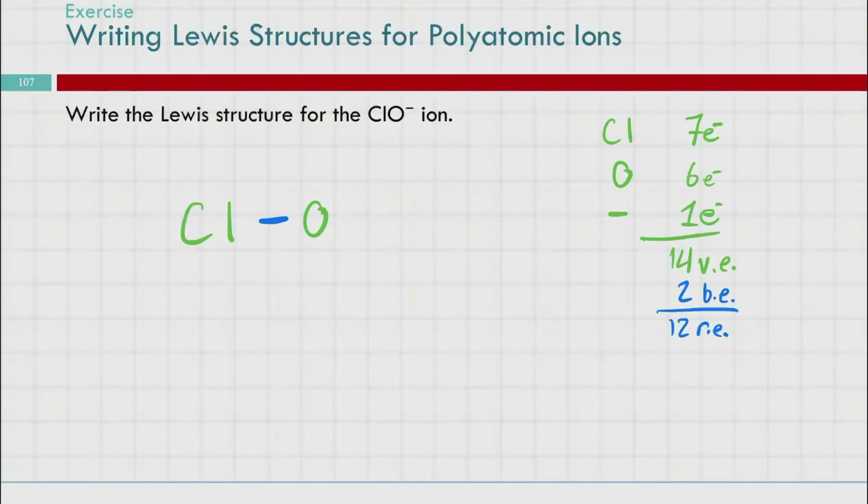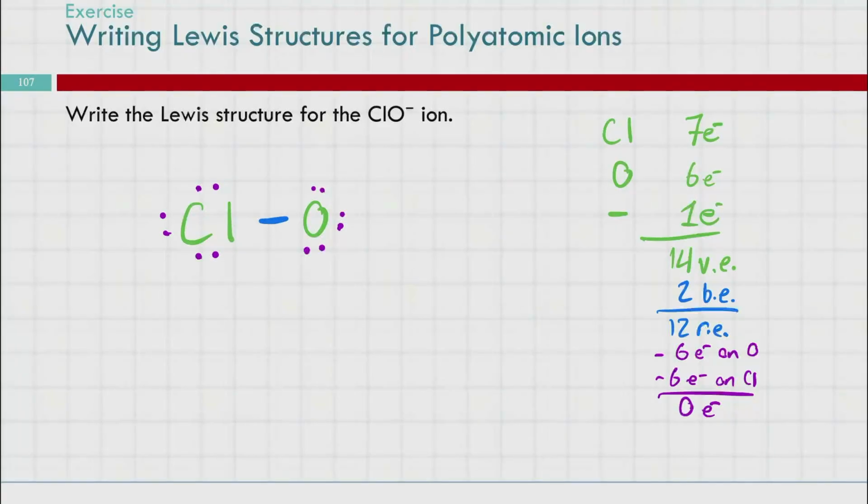We are going to distribute those evenly. We've got room for 6 electrons on each of our atoms. So 6 electrons on the oxygen, 6 electrons on the chlorine, no electrons left. If we count up our octets, chlorine has 3 lone pairs and 1 bond.